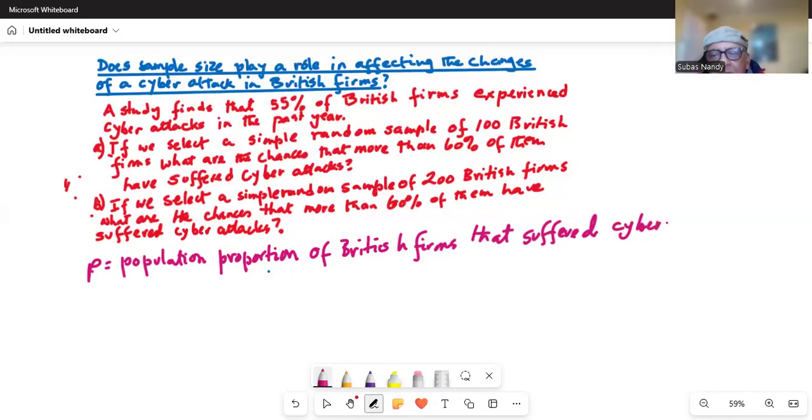P is given as 0.55. 55% in decimal is 0.55.